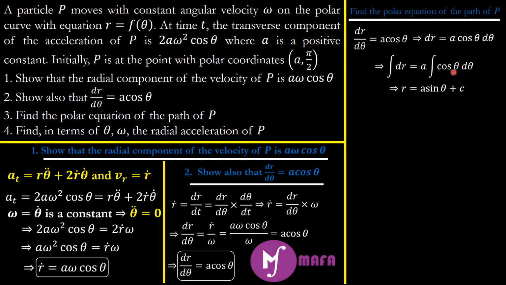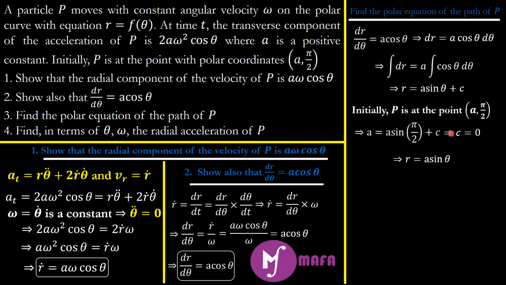Integrating the right hand side, we get a sine theta plus a constant of integration. Now we need to apply the initial condition, which says that the particle was at the point a, pi by 2, meaning that when r is equal to a, theta is equal to pi by 2. We get the constant of integration as 0 because sine pi by 2 is 1, you have times a, so a minus a is 0. So with that said, r equals a sine theta is the polar equation of our curve.